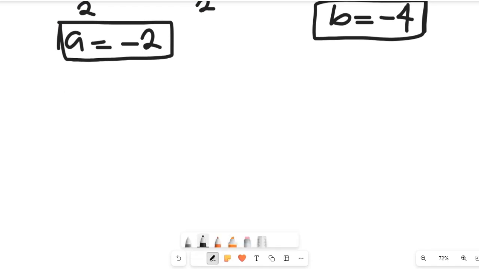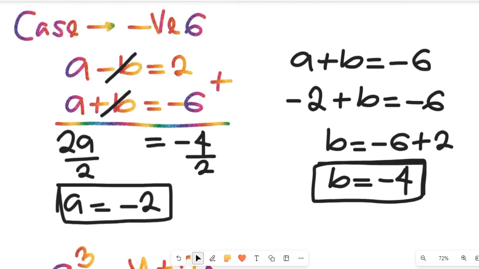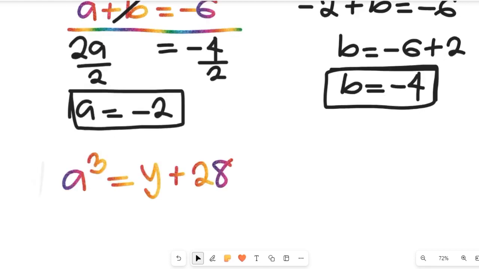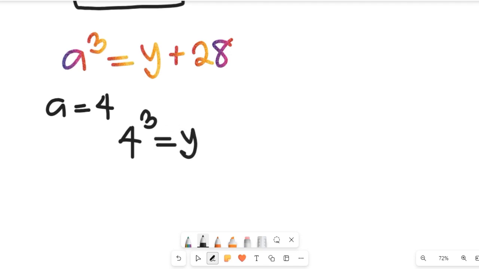From that expression, we are given that a to the power of 3 is equal to y plus 28. Now, in the first case, we have a equal to 4. So if a is equal to 4, this expression becomes 4 to the power of 3 equal to y plus 28.